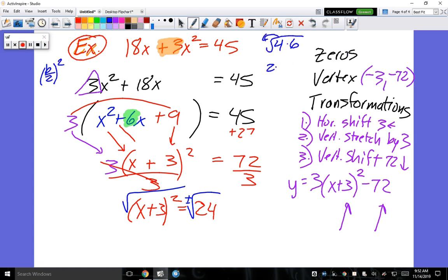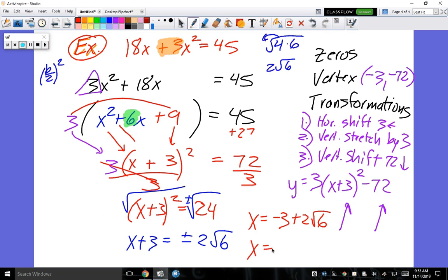The 4 will come out as 2, because the square root of 4 is 2. So I have x plus 3 is equal to plus or minus 2 root 6. So when I subtract 3, my first answer is negative 3 plus 2 root 6. My other one is negative 3 minus 2 root 6.